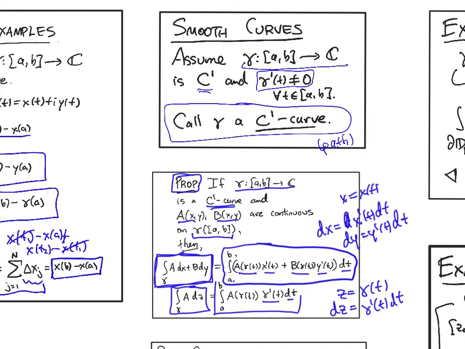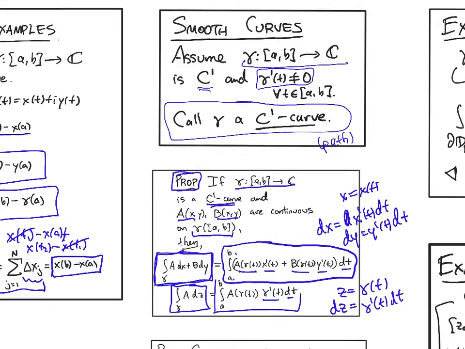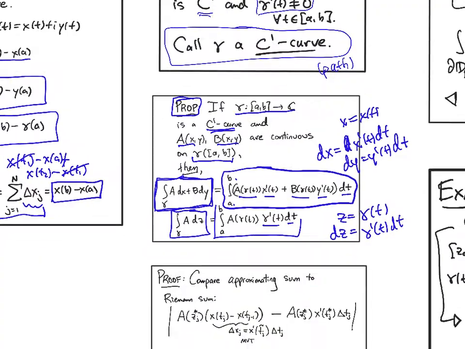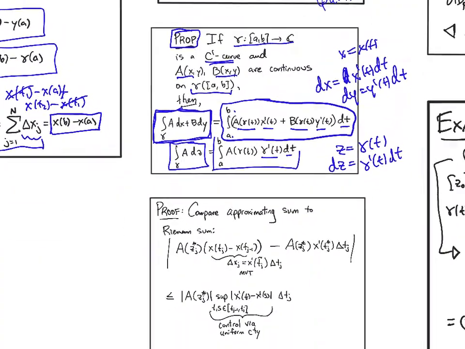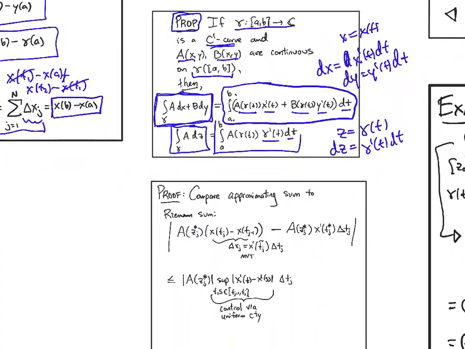Now I do want to say a little something about the proof, but I don't want to take too long because it's more important to get to examples. But how do you prove this? Well, the basic idea is you have to compare approximating sums to these real integrals somehow, and one way to do that would be to compare them to Riemann sums for these real integrals.